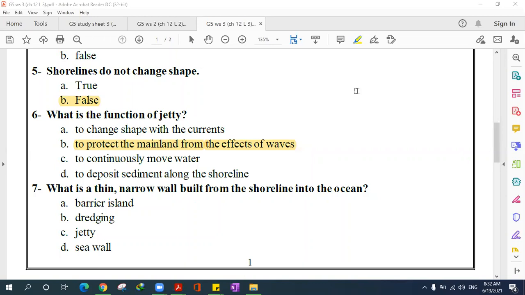I'm picking people, but it's not a seawall. I said no answering without permission, and no, it's not a seawall. It's actually Mohannad's turn. Okay, Mohannad? Jetty. Yes, it's going to be jetty. Well done. Thank you so much.